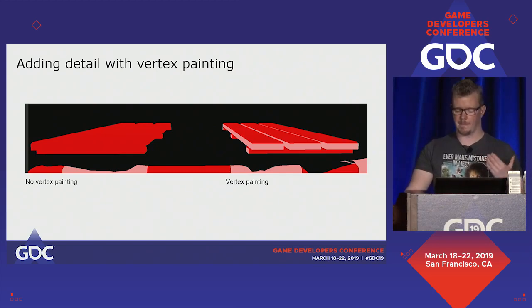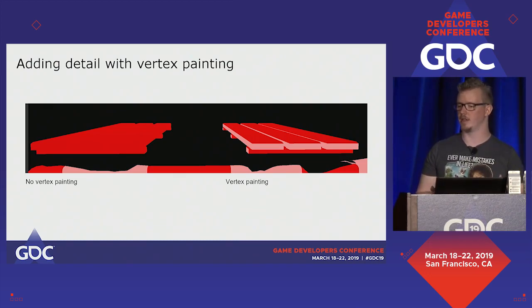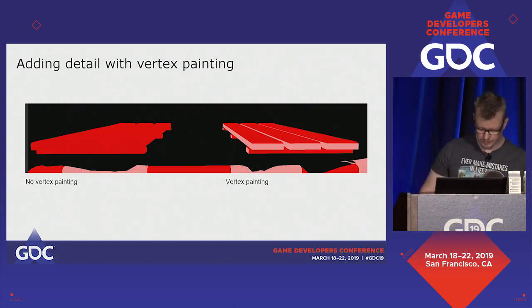And in order to allow the artist to fix this, I actually had time to put in vertex painting of brush sizes into the whole pipeline, but it came online so late that we didn't end up using it in the end.